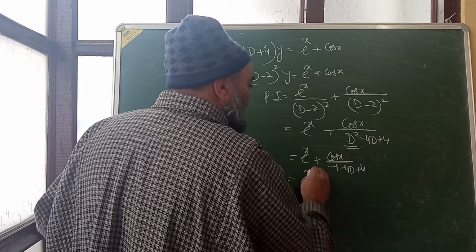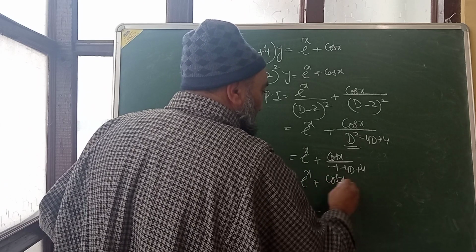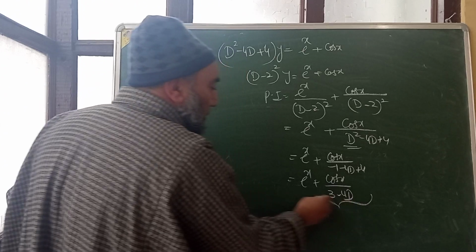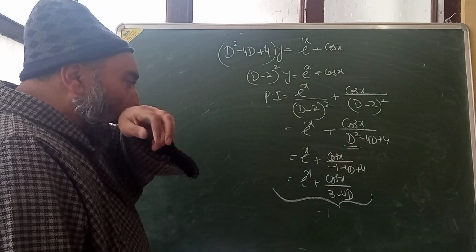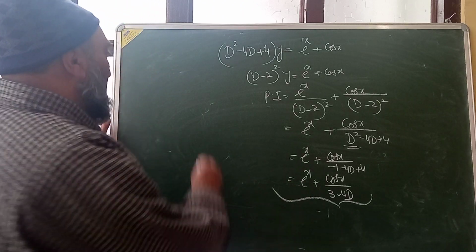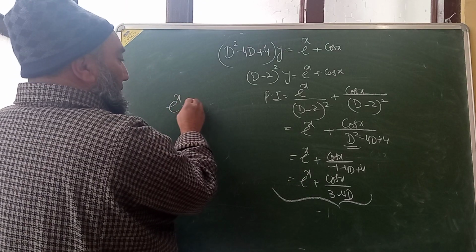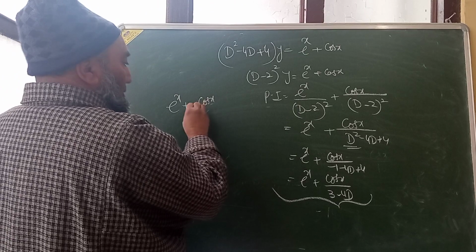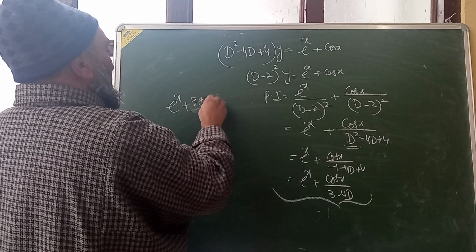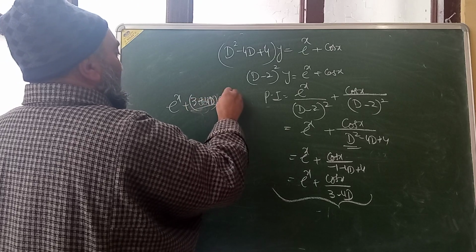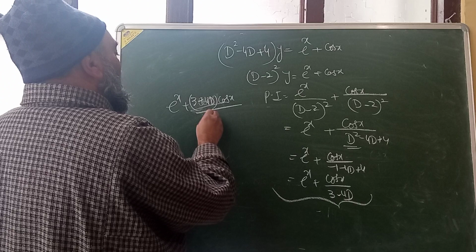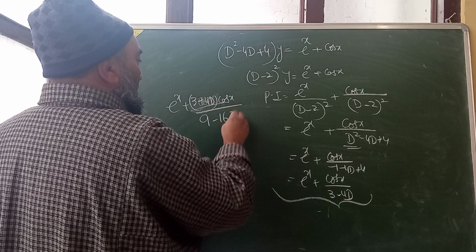So cos x upon 3 minus 4D. Now you have to rationalize it. 4 minus 1 is 3. You can write it as cos x into 3 plus 4D upon 3 minus 4D times 3 plus 4D, which is 9 minus 16D square.